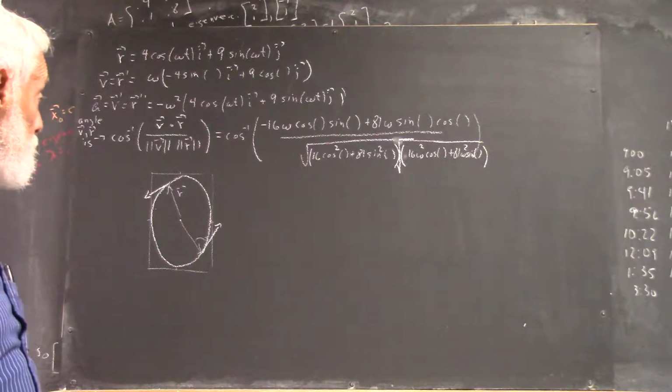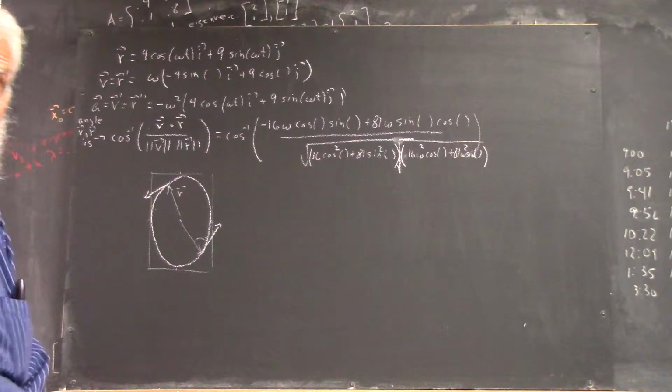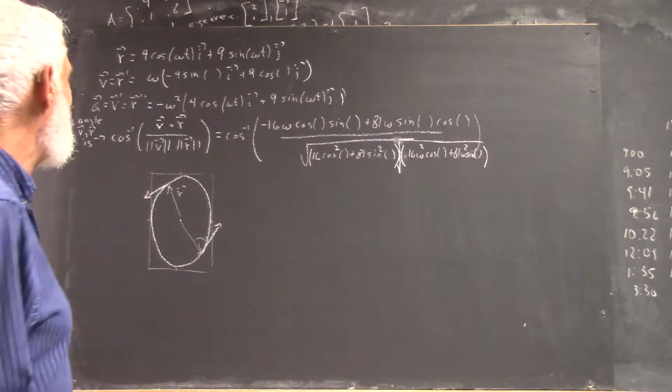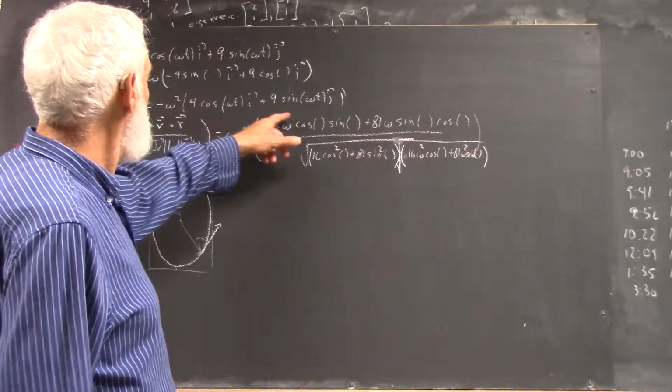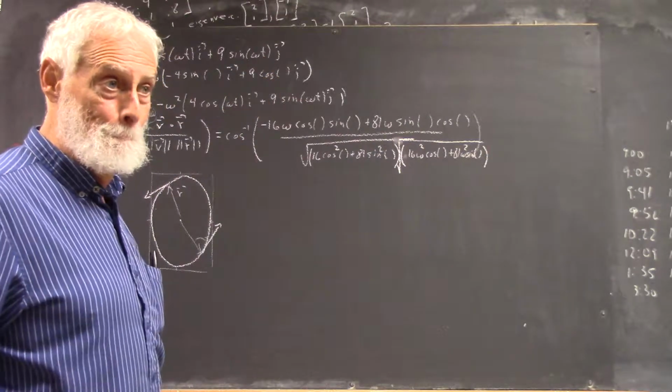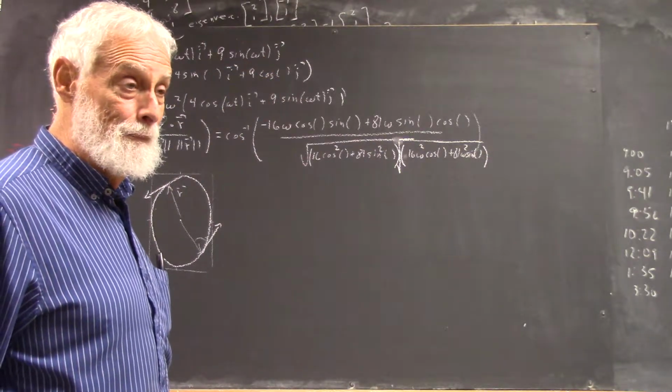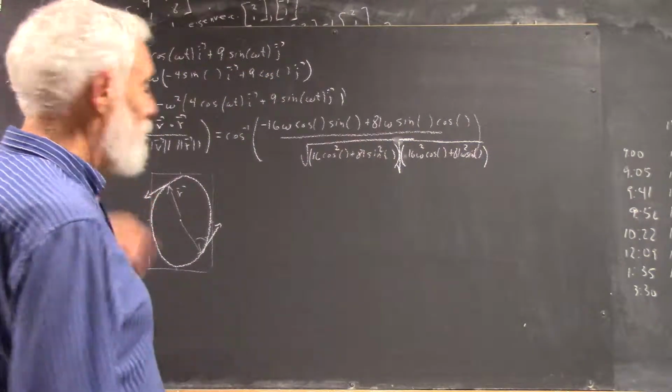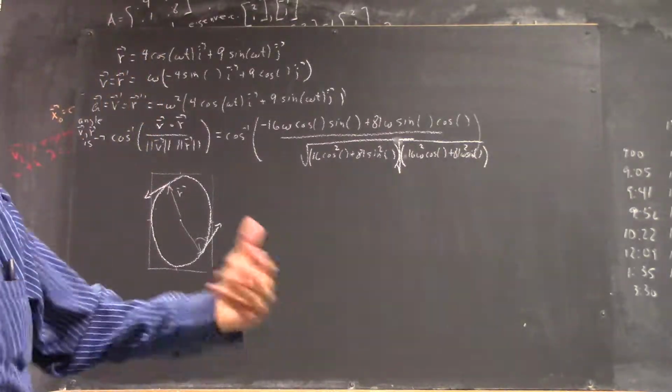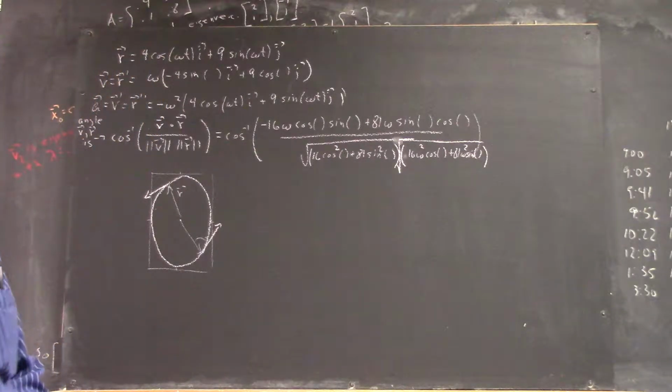So V's not perpendicular to R, which means, since A appears to be parallel to R, that A isn't parallel to V either, or perpendicular to V. Okay?